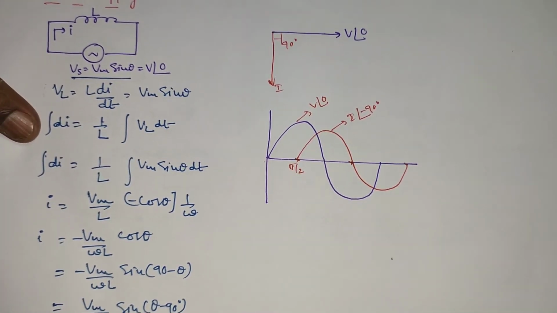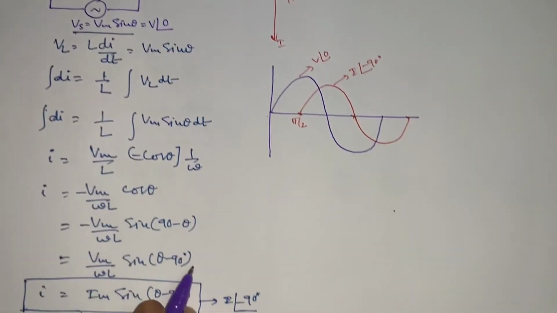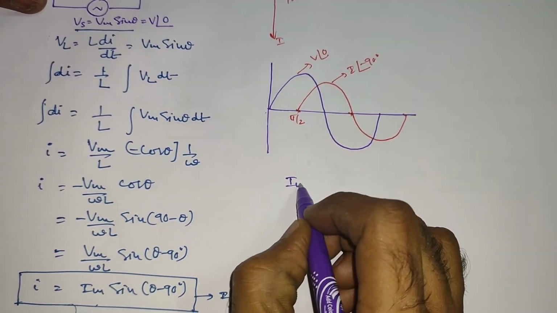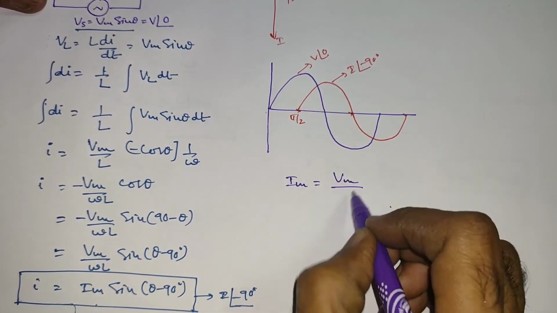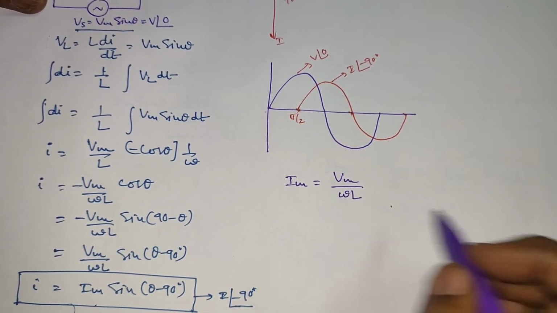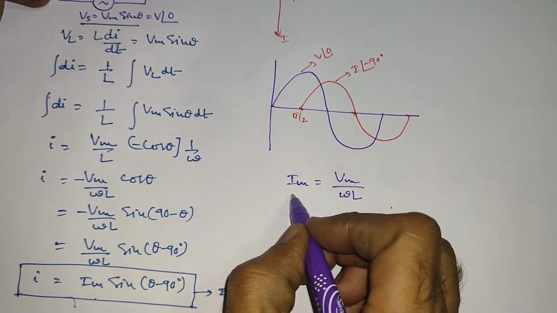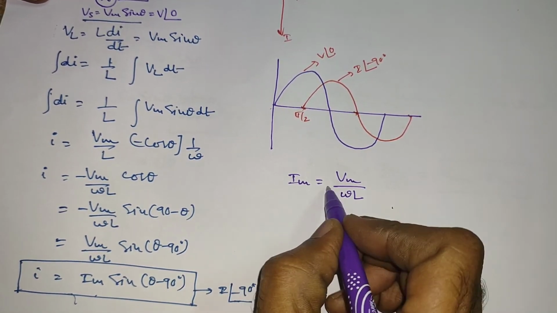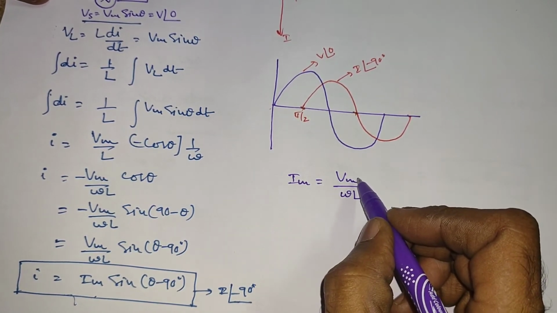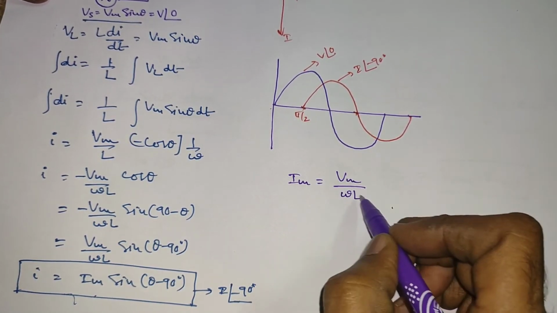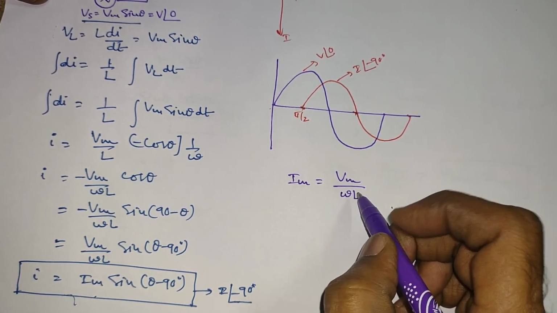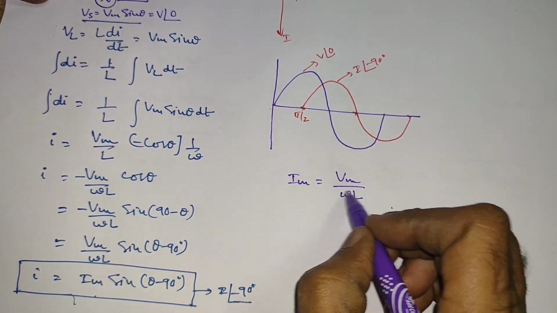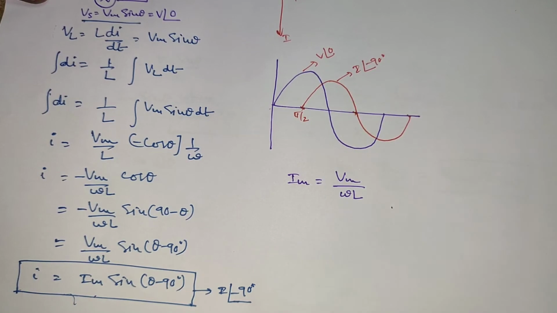Here we are considering Im as equal to Vm by omega L. So Im is equal to Vm divided by omega L. This is the maximum value of current, which is the ratio between the maximum value of voltage and some component in the denominator. Obviously, voltage divided by some denominator gives current, in the sense that this denominator will have some resistance component or ohmic component.